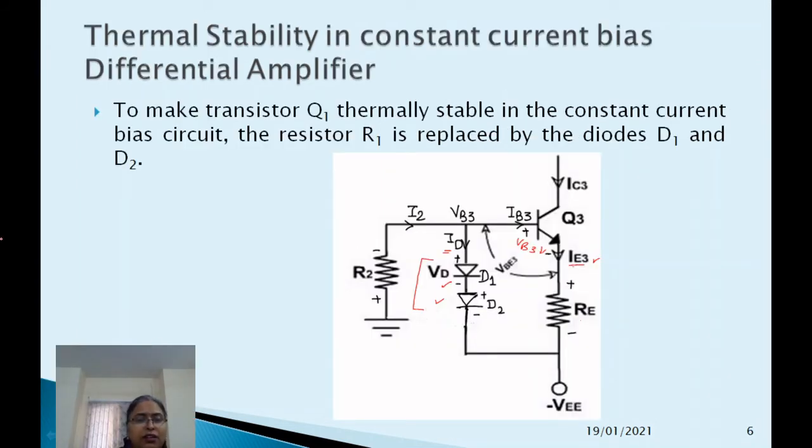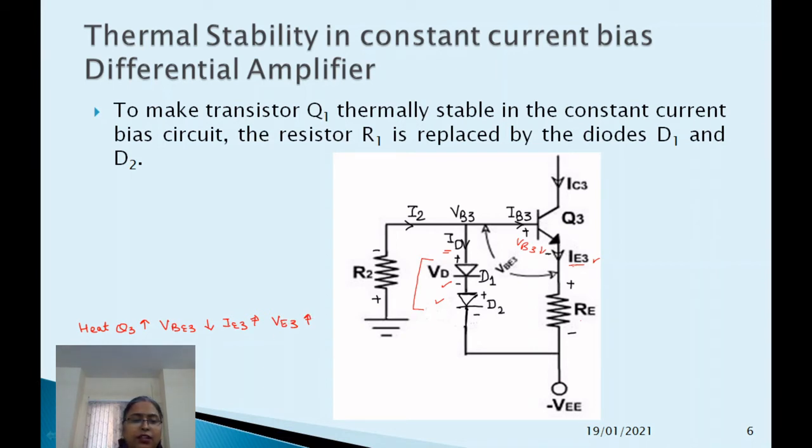Now let us understand, if there is any variation in transistor Q3 due to thermal instability, means if there is any heat change and the transistor Q3 is heated, then what will happen? The VBE3 of transistor Q3 decreases, right? As a result, this IE3 current will increase, or we can say that VE3 will increase.